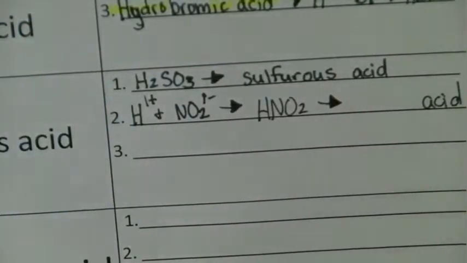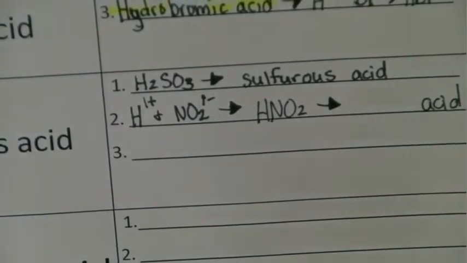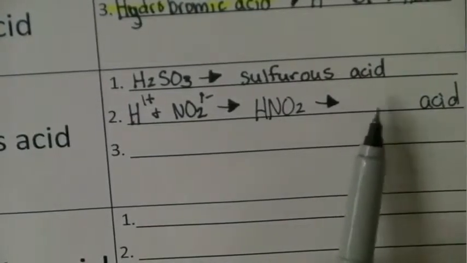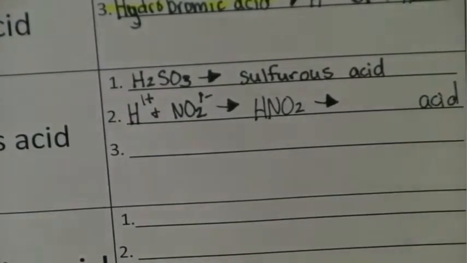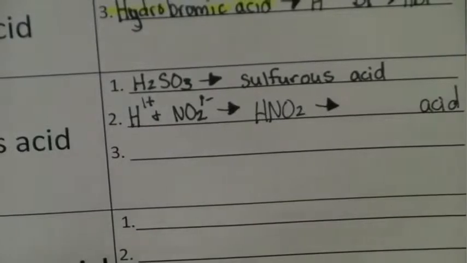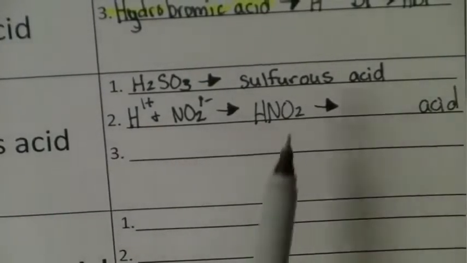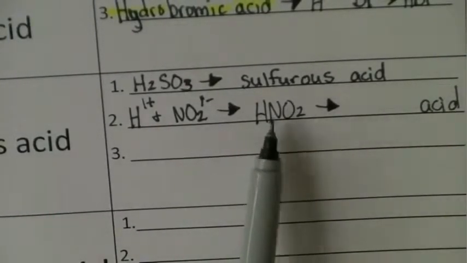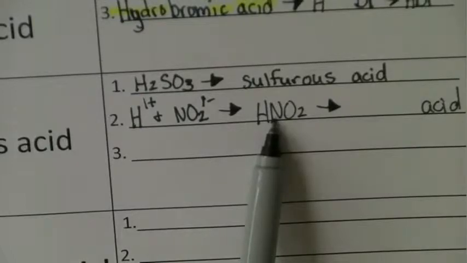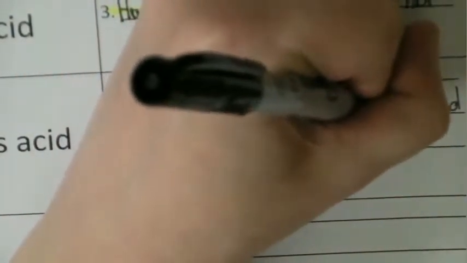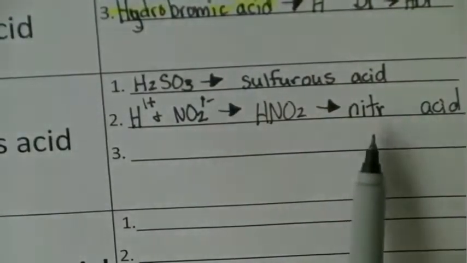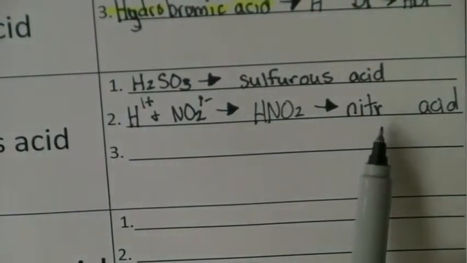If I want the name, again, immediately, first thing you should notice, hydrogen's the cation. This is an acid, okay? Even if you wanted to, you could just already write acid. It's going to be an acid. Your job is just to figure out which root word and suffix you need to add to your acid name. So again, your root word is going to come from the element involved in your polyatomic ion. So we know that's going to be nitrogen. And again, you'll get better at this, but the root word to use for nitrogen is NITR.